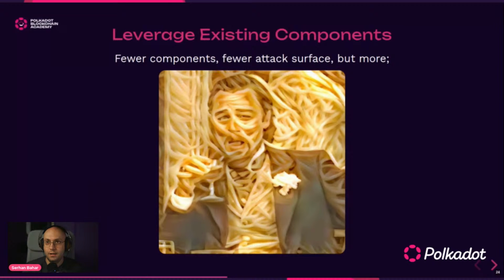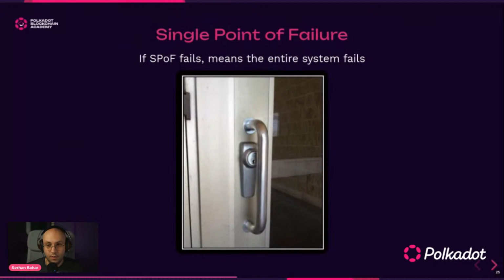Sometimes products need to be complicated, but the underlying architecture still can be simple. So we are trying to keep it simple as much as possible by leveraging existing components, but we need a balance to see if we are creating a single point of failure. So single point of failure means that if something happens related to this point, it will be a failure for everybody or everything. So unfortunately, in real life, we have many single points of failure.